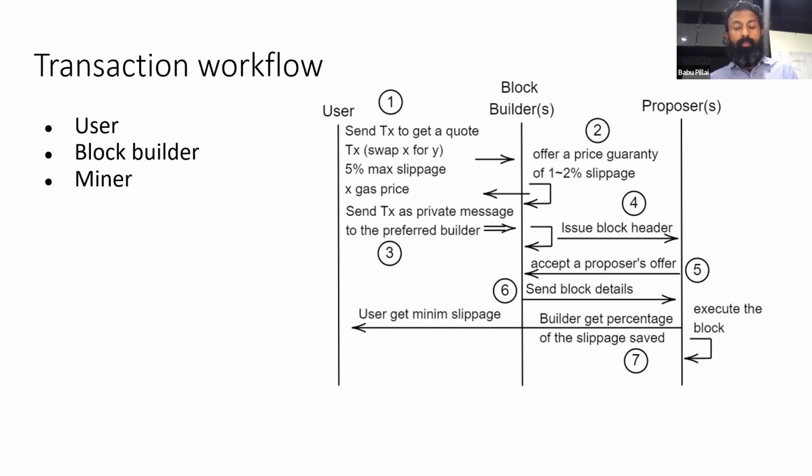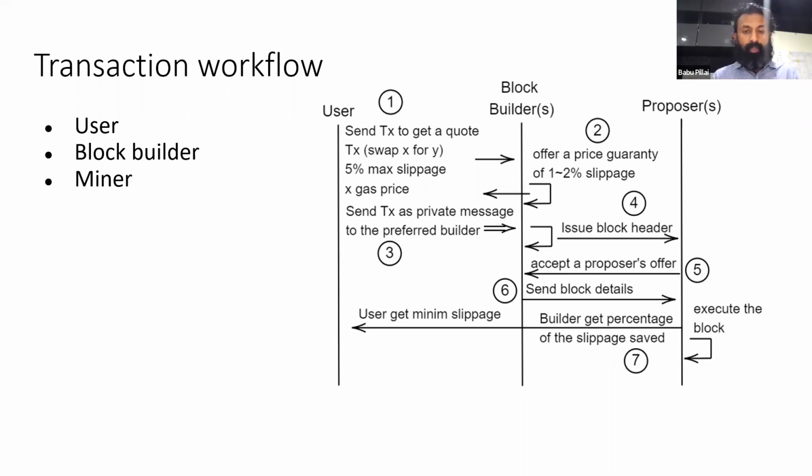The proposer will pick the builder's block based on some trust assumptions they built, or the fees in there. The builder will auction that block the same way as before to the proposer. The proposer will pick the block, and once they pick the block, the builder will release the body. That is the time when the proposer can see the body, but he can't do anything. He can't reorder anything.